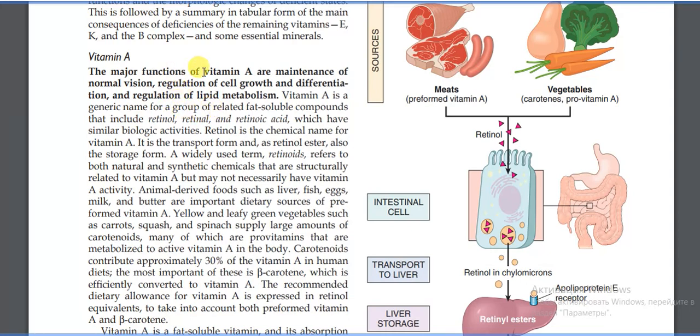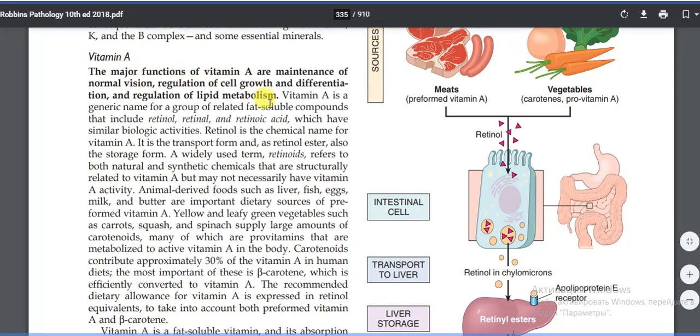The major functions of vitamin A include maintenance of normal vision, because it is present in rhodopsin, the protein in the retina of our eyes, through the ability of retinol to convert into retinal due to a photon of light. This is the main feature which lets us use it in the rods of our eye.